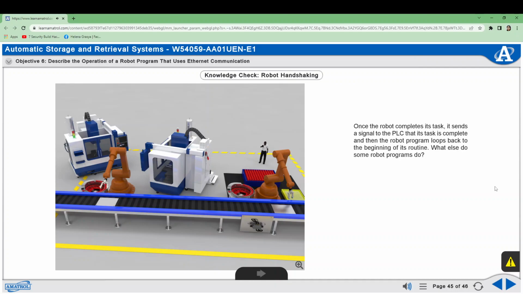Sockets messaging is used when Rockwell devices connect to non-Rockwell devices.